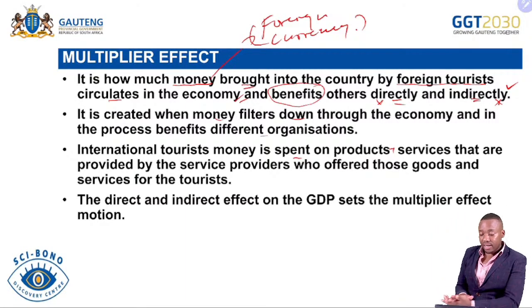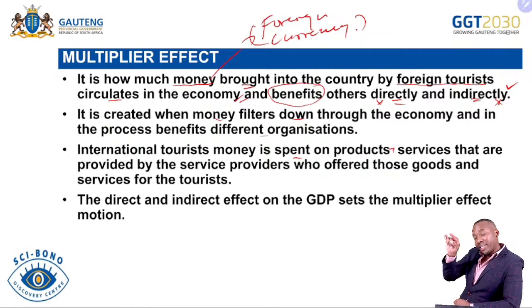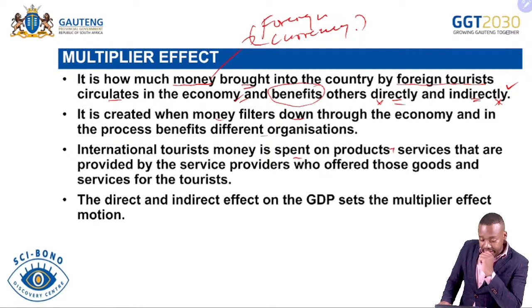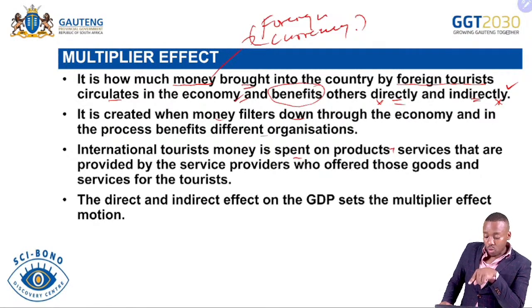You will see the diagram that I will have. It is showing what a multiplier effect in a circular flow is. So international tourist money is spent on products and services that are provided by service providers, and obviously we know that the tourist has to pay for those goods and services.